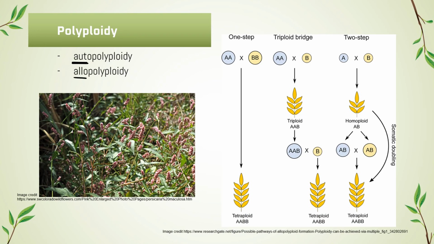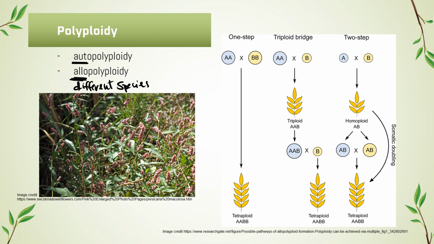Auto means self and allo is different. Autopolyploidy, one plant has a mistake in meiosis, self-fertilizes, and we end up with a polyploid offspring. Allo is different. So here we're going to have different species hybridizing and leading to polyploid plants.